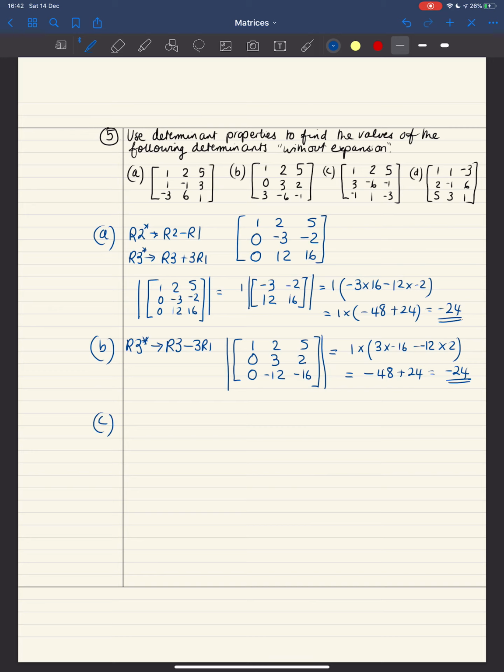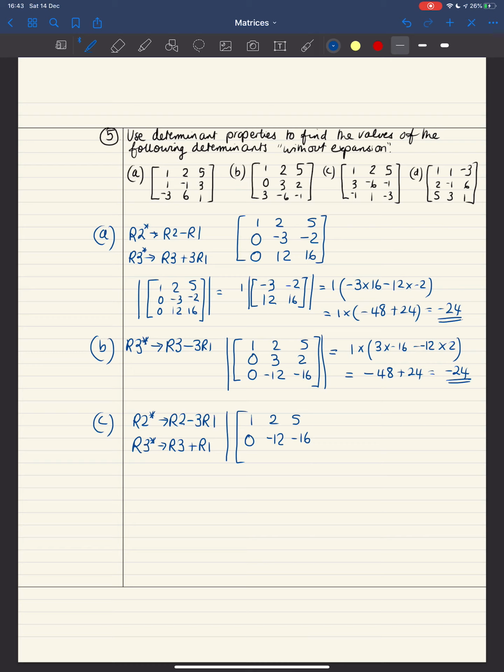And then C. Same again for C, got similar numbers. The new row 2 is going to be the old row 2 minus 3 row 1, and the new row 3 is going to be the original row 3 plus row 1. Okay, so the top row stays as it is. 3 minus 3, 0, minus 6, minus 6, minus 12, minus 1, minus 15, minus 16.